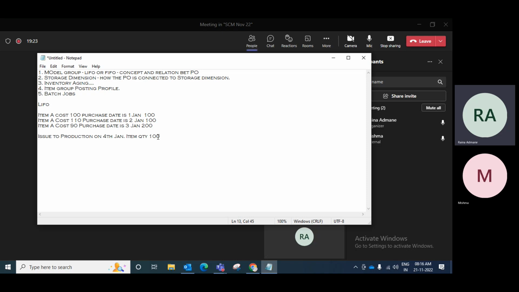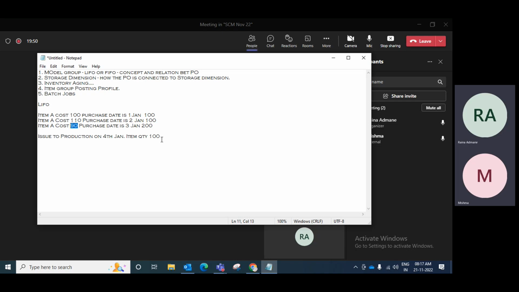That is the question here. So what we do, simply costing. Last out is this method, LIFO. So what is the last in? It is 90 at the rate of 3rd January. So you will assume that it will be cost as 90 rupees. Correct? Okay. This is your assumption. This is your understanding. Is it correct understanding?